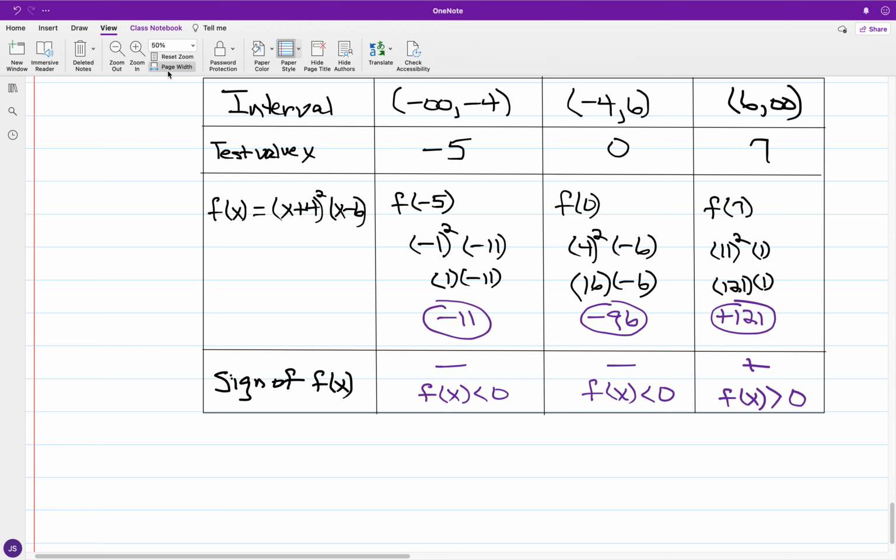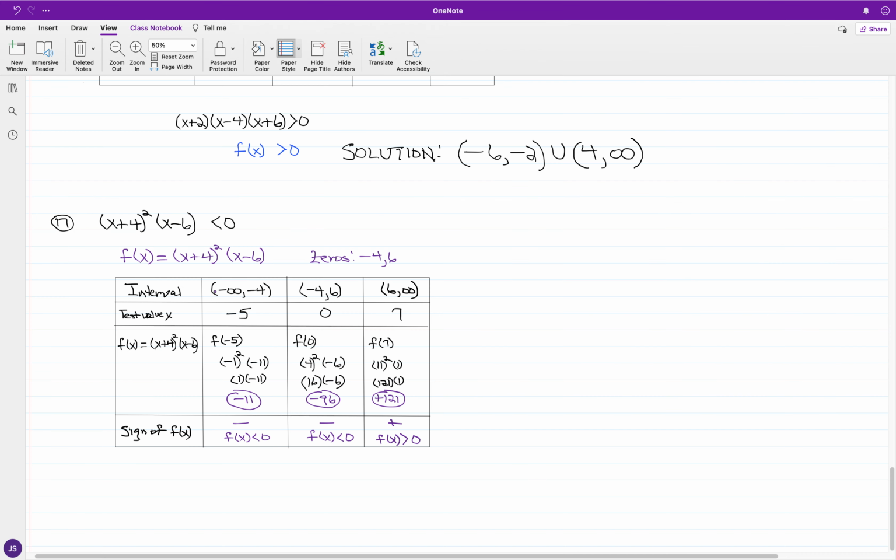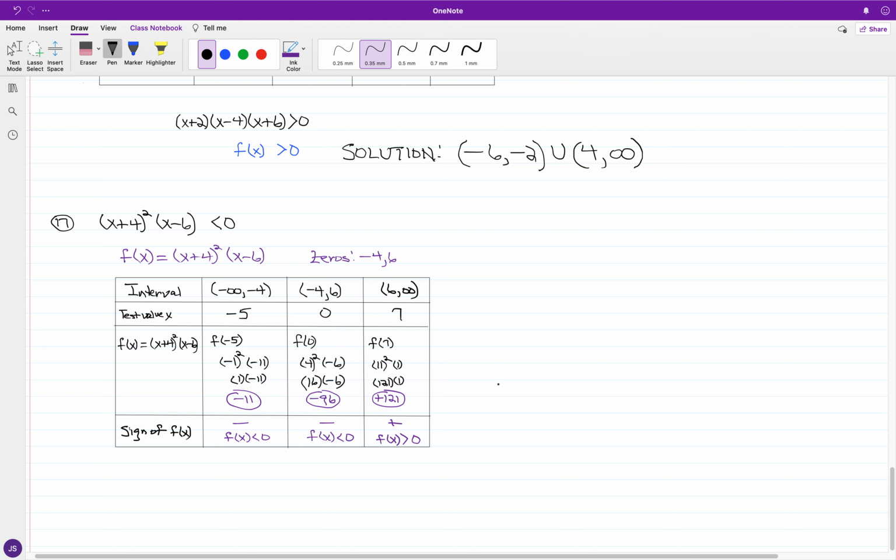So you have f of x is greater than 0. And for this inequality, the square of x plus 4 times the quantity of x minus 6 is less than 0, again we're going to be referencing where f of x is less than 0.